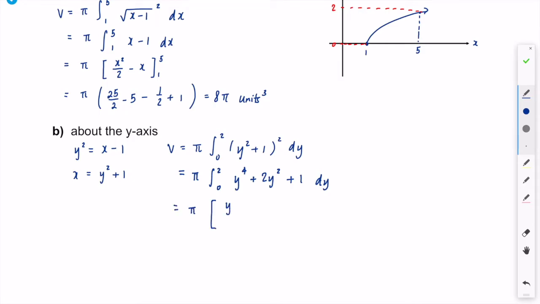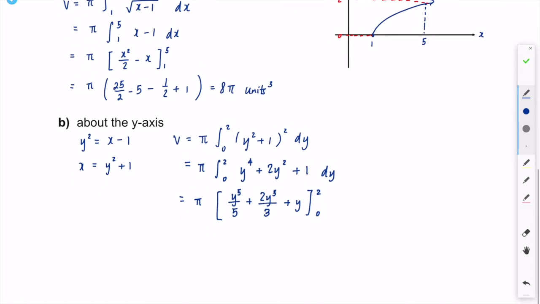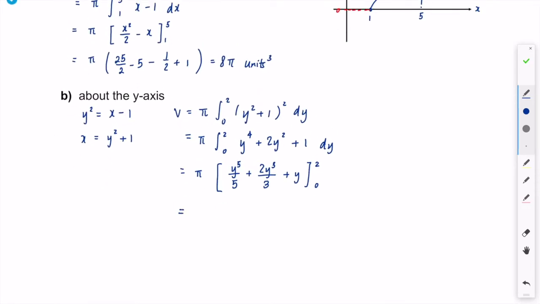This gives me y to the 5 over 5 plus 2y cubed over 3 plus y from 0 to 2. And so let's substitute. I know that the lower bound terms will all be 0, so that's easier.